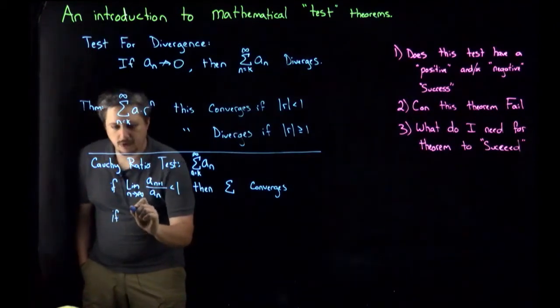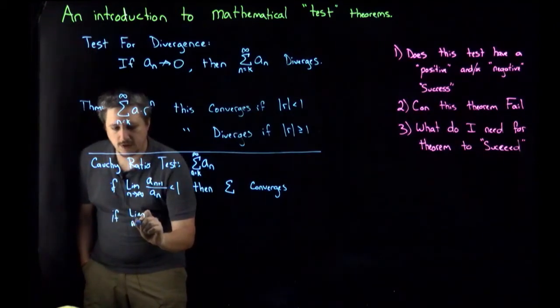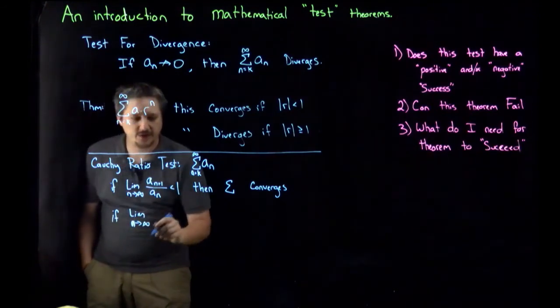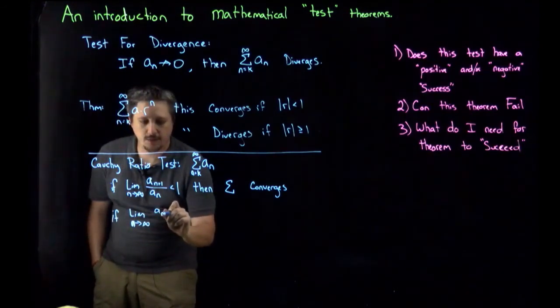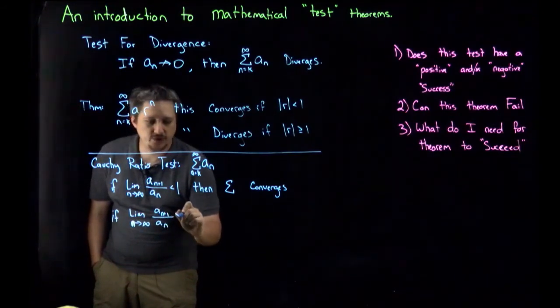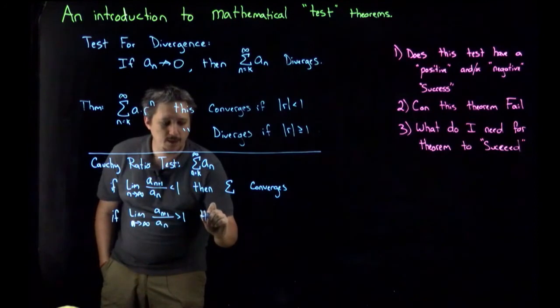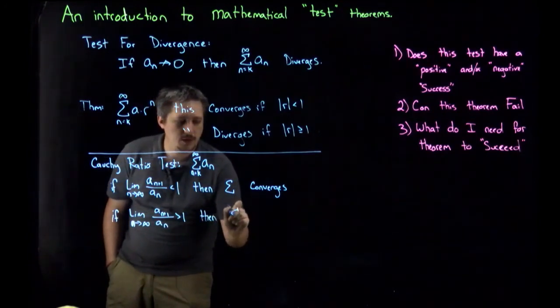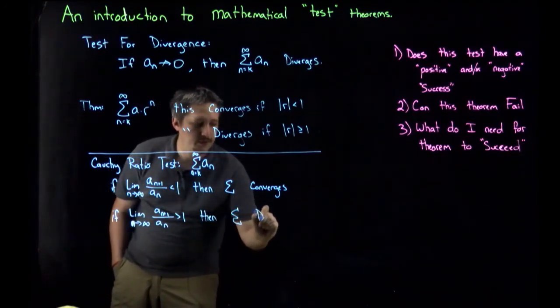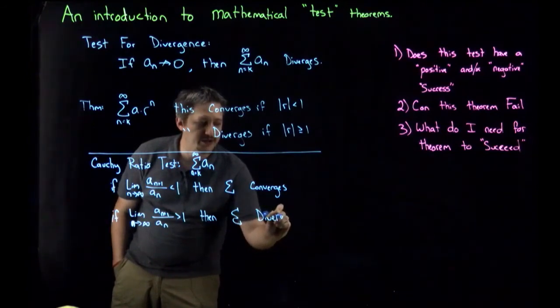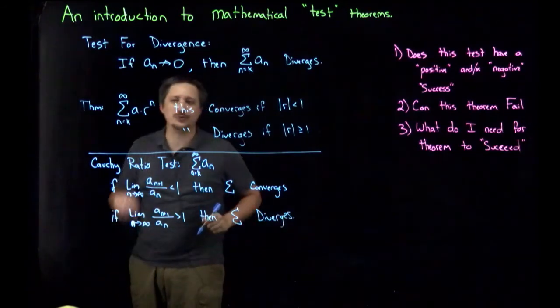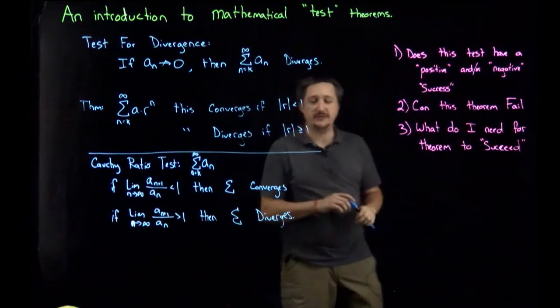If the limit as n goes to infinity of a_{n+1} over a_n is greater than 1, then the series diverges. Again, I'm shorthanding this, and I will rigorously go through this when we get to that point in the videos.